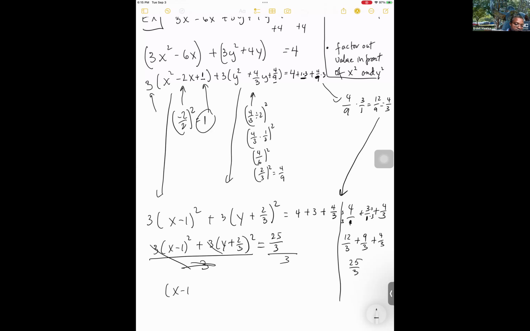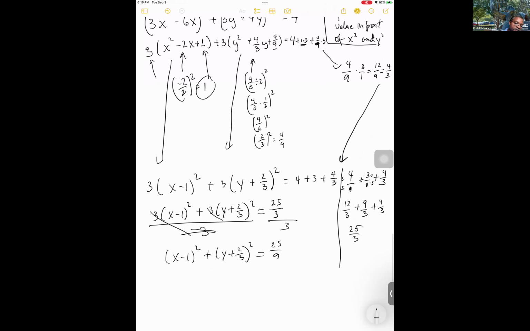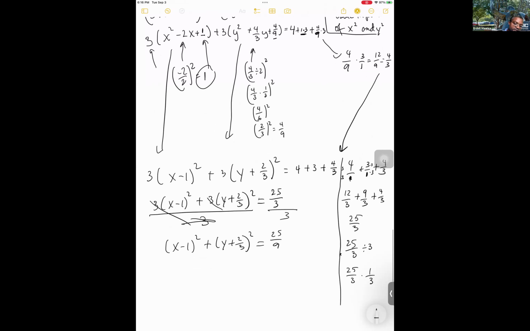And yes, I do owe you some math to show how I go from here to here. I'm going to do that in the working column over here. 25 over 3 divided by 3 is 25 over 3 times 1/3. That's going to therefore be 25 over 9. So this gives us this, and then that gives us that.